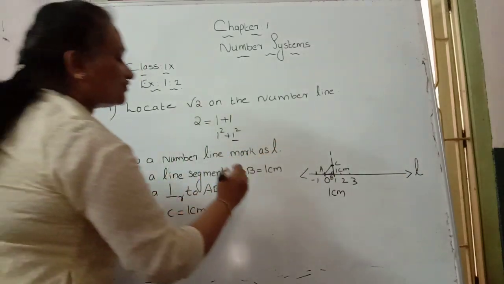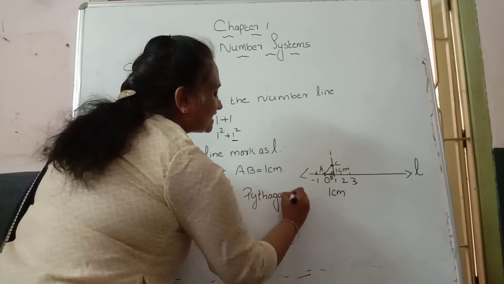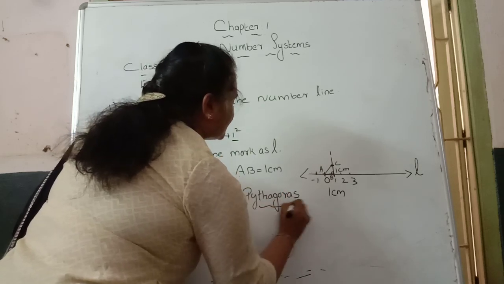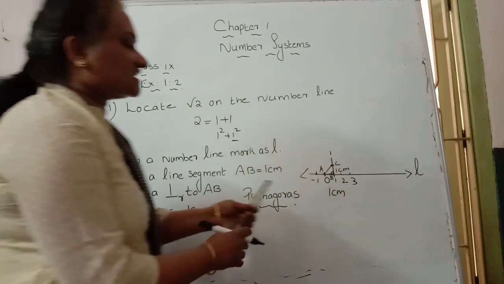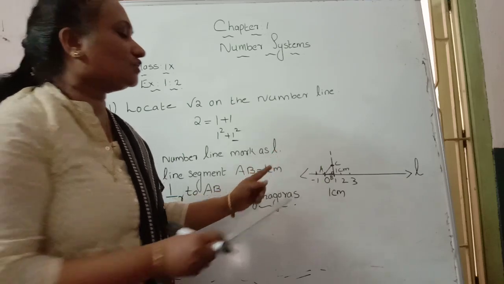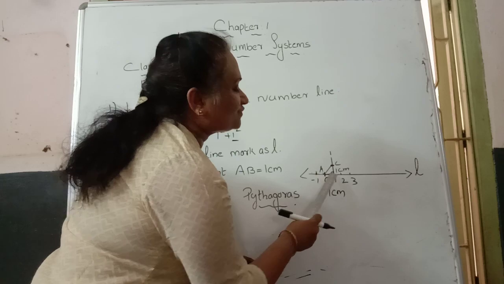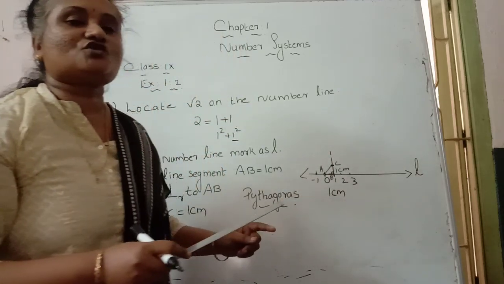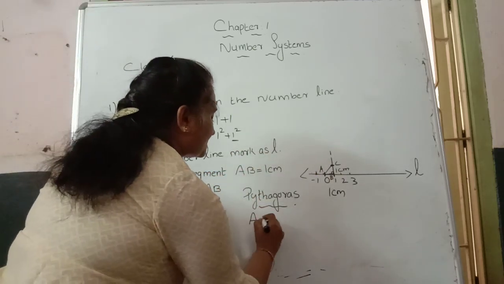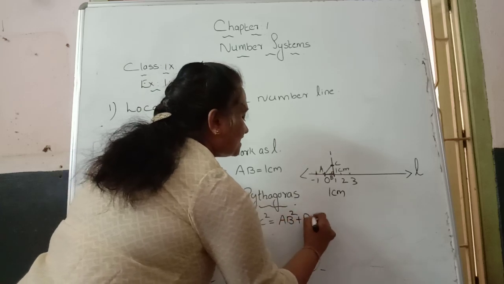To find the AC distance, we apply the Pythagorean theorem. Pythagoras theorem says that in a right angle triangle, the longest side square is equal to the sum of the squares of the other two sides. The other two sides are AB and BC. So AC square is equal to AB square plus BC square.